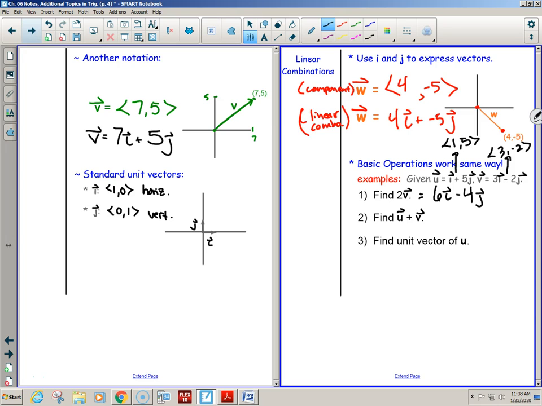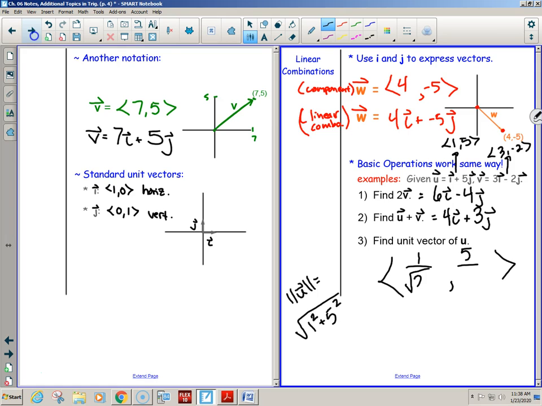And combining like terms would say add the i's. 1i, 3i, no problem, 4i. 5 and -2, no problem, 3j. Unit vector, no problem. Take the a, take the b, and divide by the magnitude, which I do need to find. That's that little Pythagorean theorem we talked about at the beginning of class, which would be root 26.